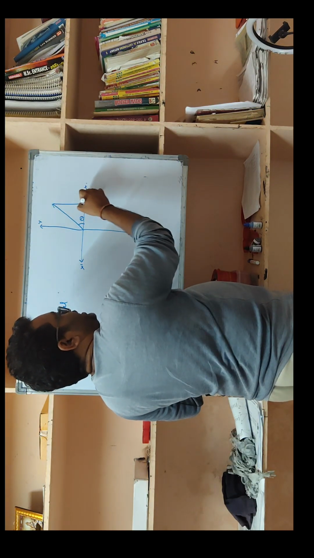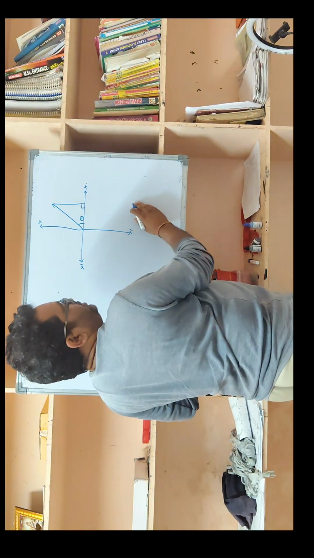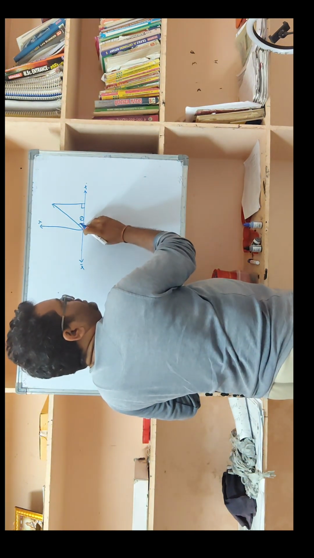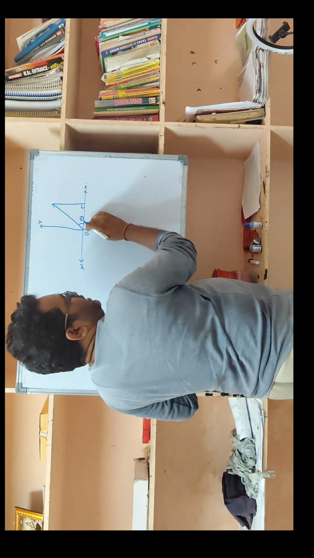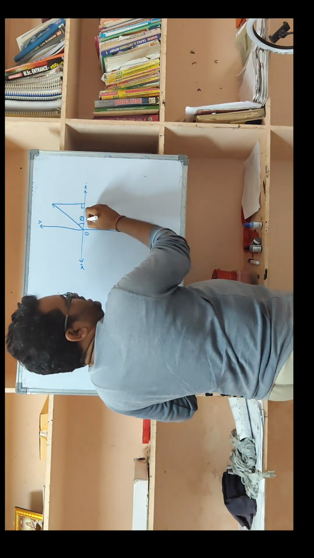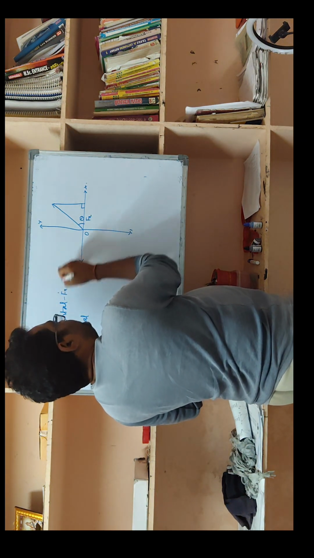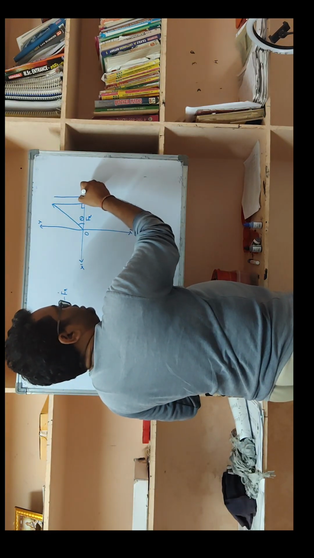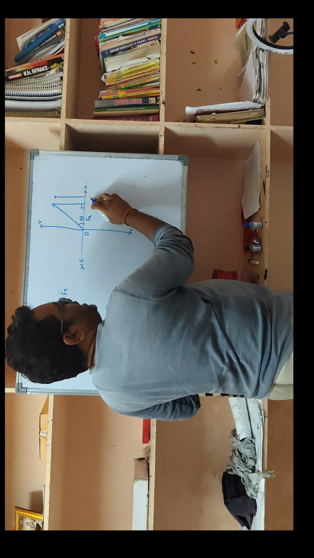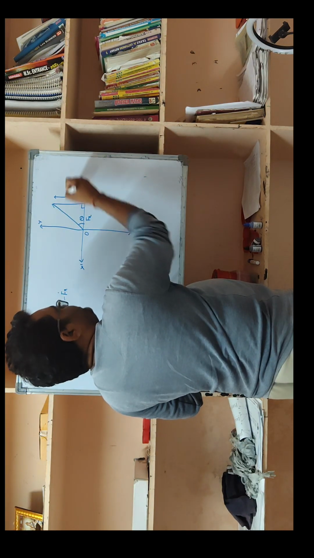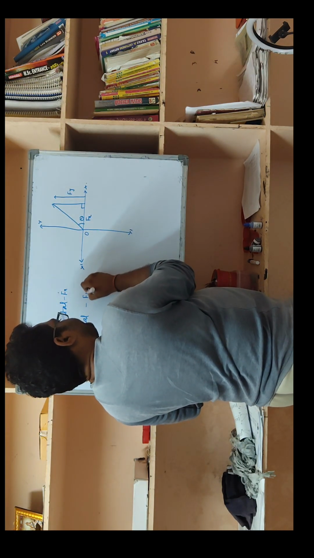Now one line is drawn perpendicular to the x-axis. From the origin along the x-axis, that is Fx, the horizontal component, and a line drawn perpendicular to the x-axis, that is Fy, the vertical component.